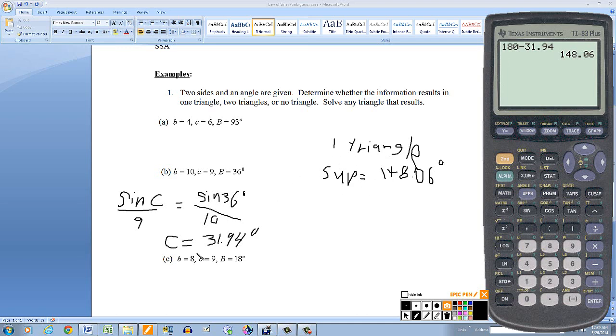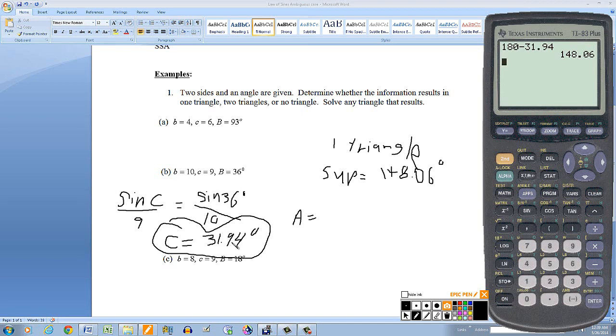So now we proceed pretty much like I did in the video before this, when you were given two angles and one side. Now you just go through and say, okay, I've got this as one solution. C then is going to work. And angle A we can easily find, because we know that 36 degrees is the given angle, and the other angle is 31.94.